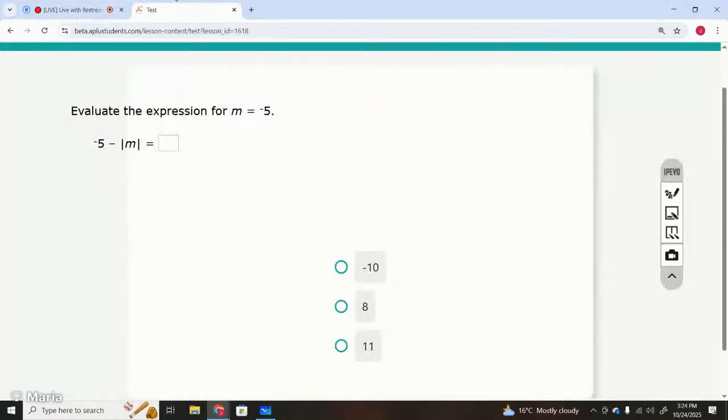So for m equals negative 5, that is negative 10.